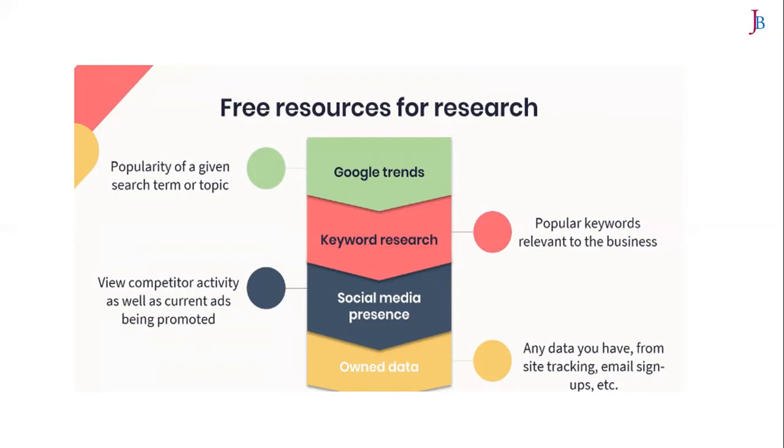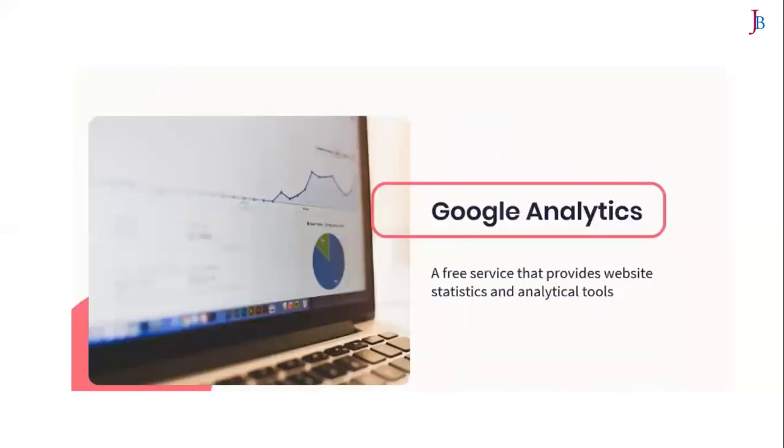The social media presence, you view competitor activity as well as current ads that they are promoting. Okay, your own data, any data you have from site tracking, email signups, etc. Okay, so Google Analytics is the free service that provides website statistics and analytical tools.